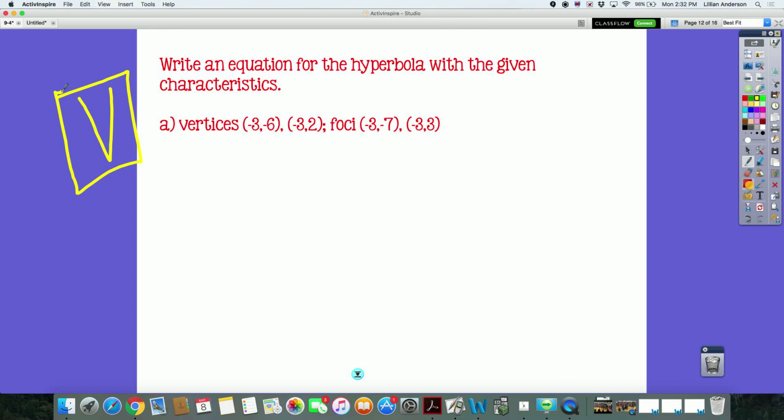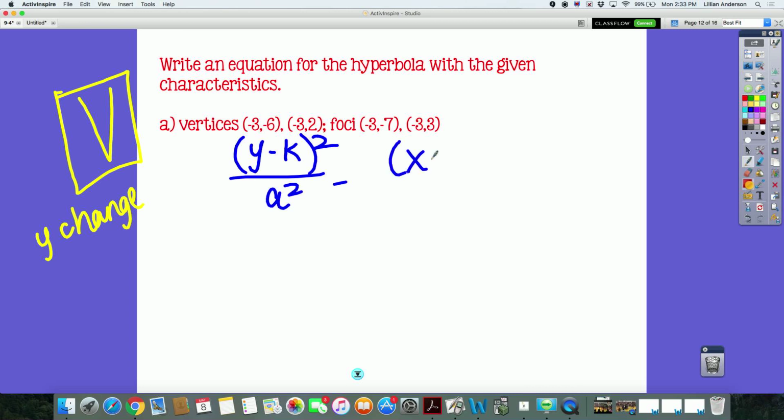If you want to make a note of that somewhere, if the y's change, then it's going to be vertical. If the x's are the ones that change, then it's going to be horizontal. Because we know it's vertical, our y's are going to be first when we do our equation. And just remember, it's a minus on the inside, not a plus, when you have hyperbolas.